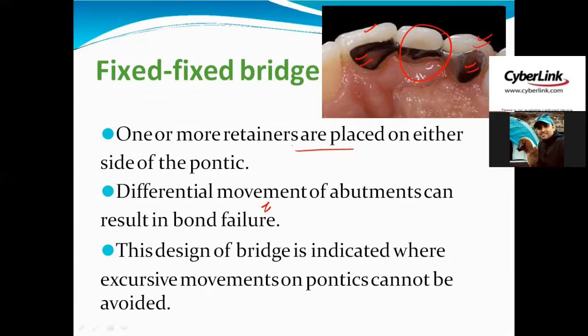So sometimes this abutment will move, this will not, right? This design of bridge is indicated where excursive movements, like lateral movements on the pontic, cannot be avoided.